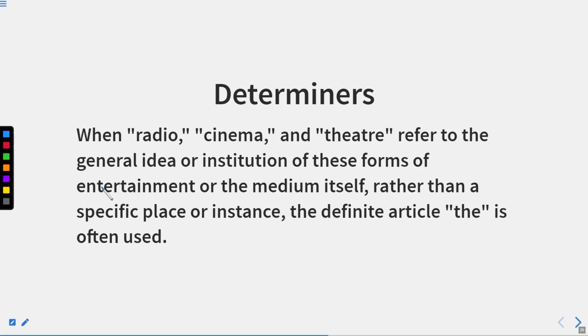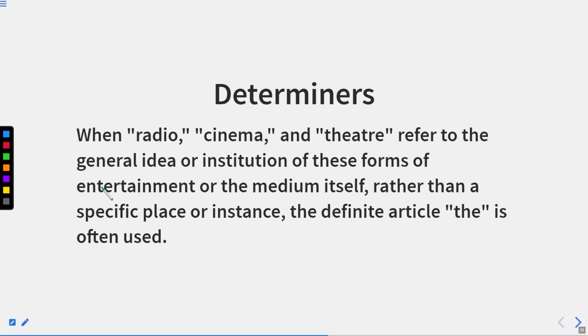Now, till now, we have discussed the use of the before body parts. Generally, we do not use it, but if we show the possessive case, we can use it. If we are using a preposition, we can use the. And if we are making any body part particular, we can use an article before it. For example, a heart shaped box. Now I'm not talking about a heart, I'm talking about a heart shaped box.